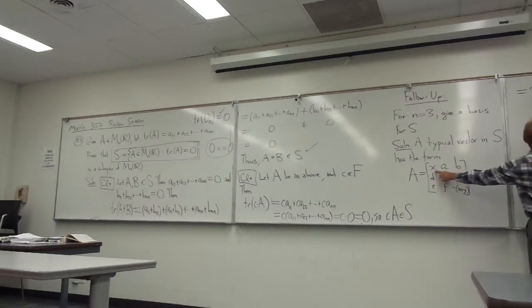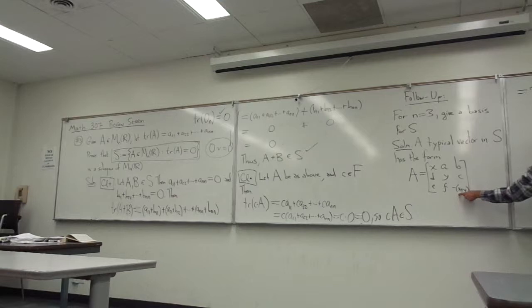So x is multiplied by e11 minus e33. And then the y variable is multiplied by e22 minus e33.